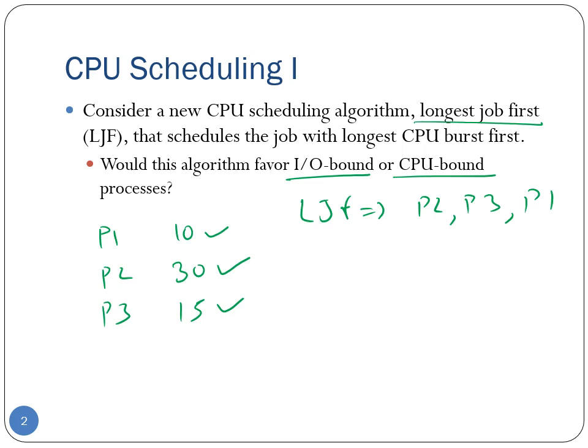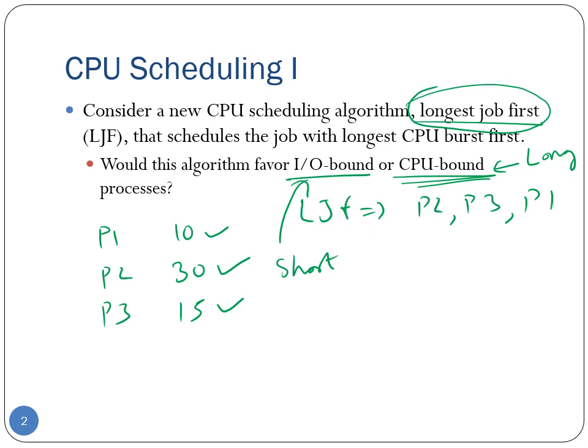Recall that typically the IO bound processes have short CPU bursts, and that's because they spend most of their time during their execution lifetime waiting for IO. As opposed to this, the CPU bound processes have long CPU bursts, and because this scheduling algorithm is ordering jobs in descending order of their CPU bursts, it is bound to favor the CPU bound processes.